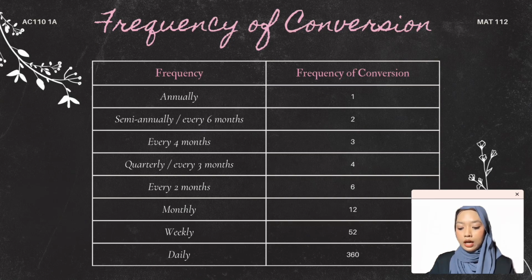Semi-annually, or every 6 months, we will use 2. Every 4 months we will use 3. Quarterly, or every 3 months, we will use 4. Every 2 months it is 6. Monthly 12, weekly 52, and daily 316.